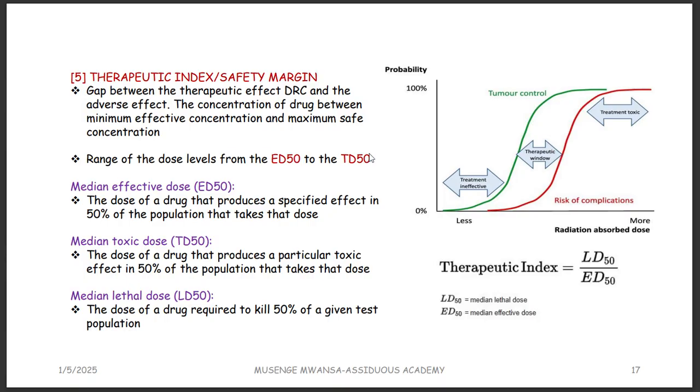So when you give a drug, there is a concentration that will make you feel nice, and then the concentration that will make you have toxic effects. That difference is known as the therapeutic window.